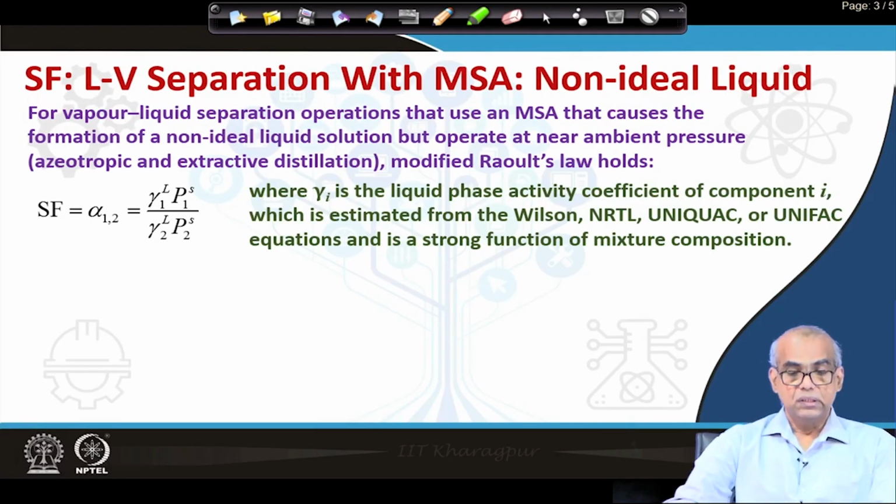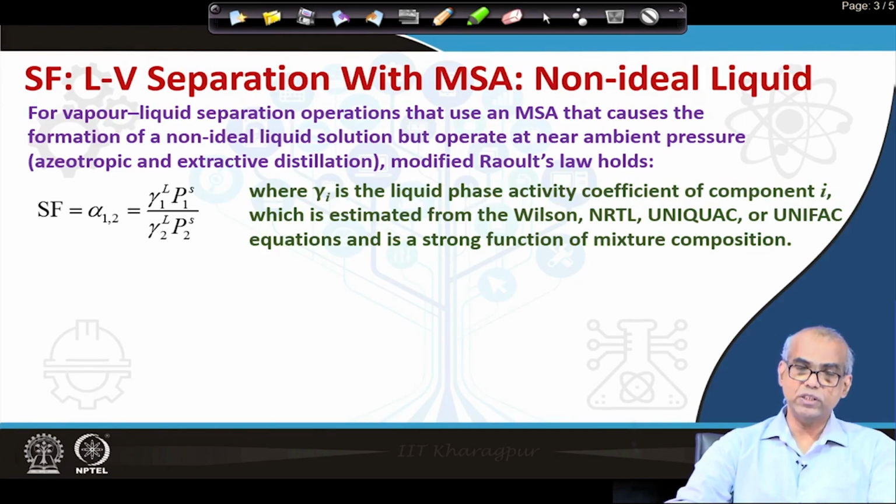Now, there are liquid vapor separation processes where we use mass separating agents. In fact, use of mass separating agents can enhance the separation factor. When you use mass separating agent, it may cause the formation of non-ideal liquid solutions.